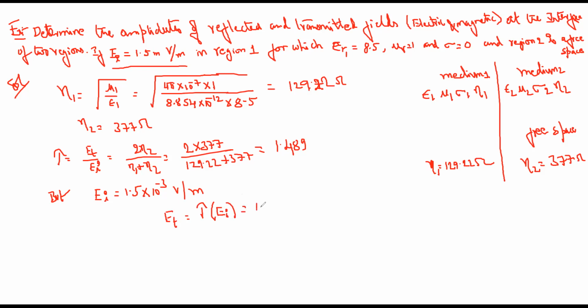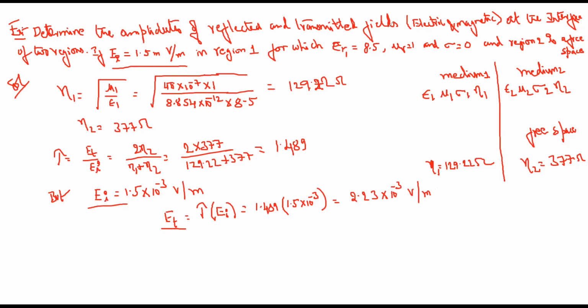Tau is 1.489, and EI is 1.5 into 10 to the power of minus 3. The value is 2.23 into 10 to the power of minus 3 volts per meter. So we got ET.